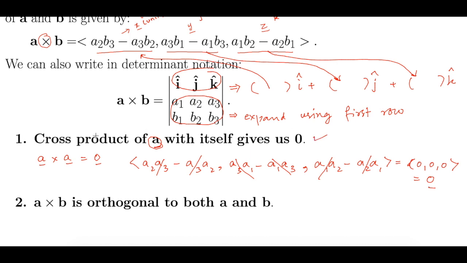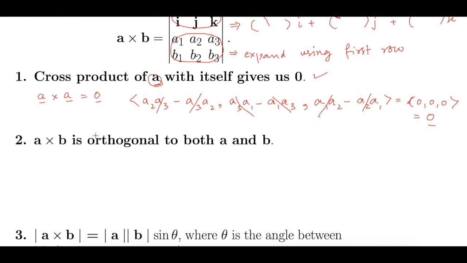Now what we want to prove is that A cross B is orthogonal to both A and B. In other words, we want to prove that the scalar product of A cross B with A gives us 0. It gives us 0 because a scalar product always gives us a scalar, no vector here, so this is the number 0. So what is A cross B?